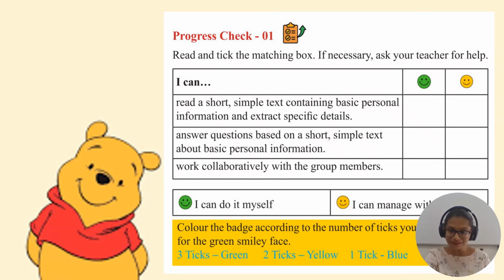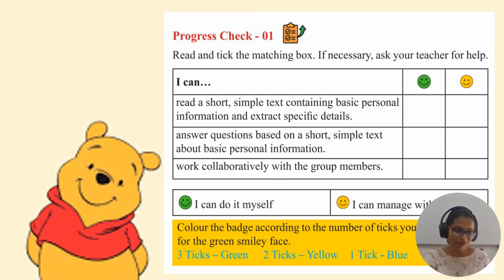You can put a tick under the green face if you are able to answer the questions on a short and simple text about basic personal information. If you did it alone, you can put the tick under the green face, or else if you got the support from the teacher or your group, you can put a tick under the yellow face.